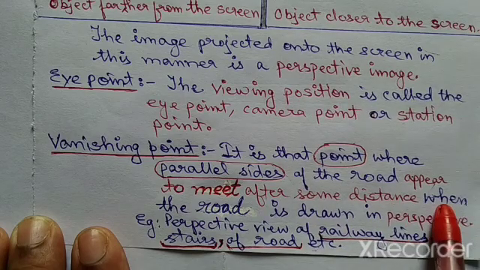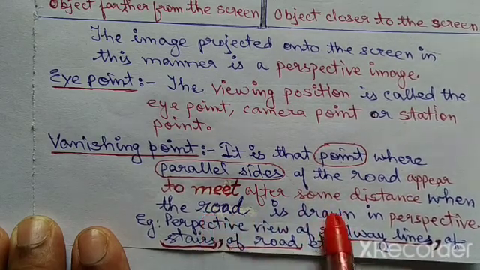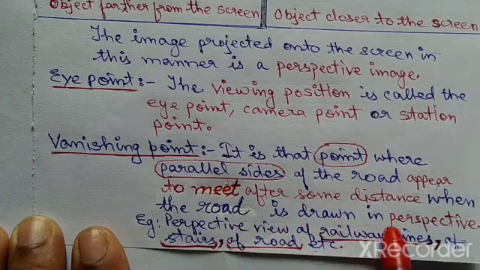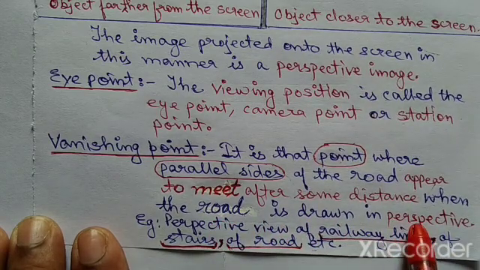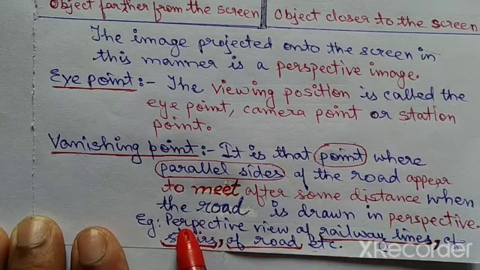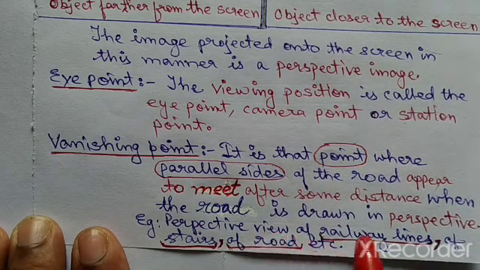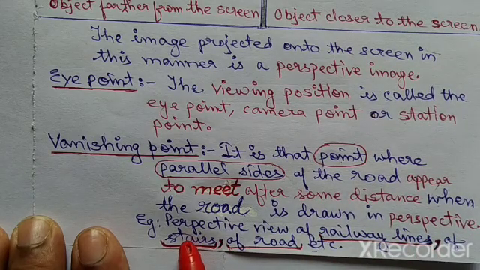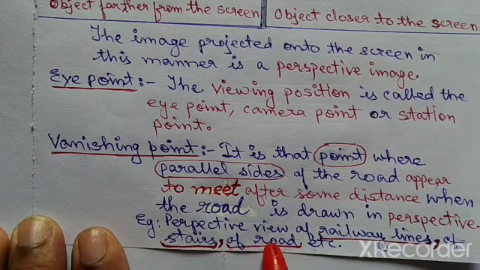Okay, when the same object is drawn in perspective, like here, the road is drawn in perspective. For example, children, the perspective view of railway lines, the perspective view of stairs, the perspective view of a road.